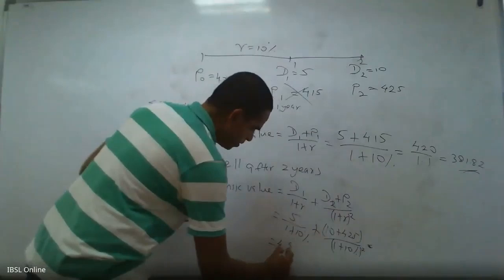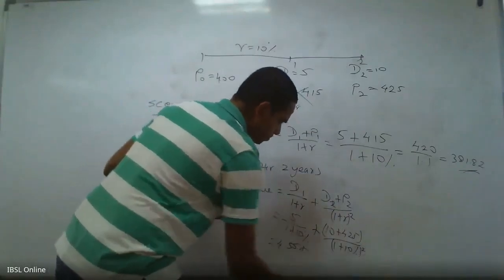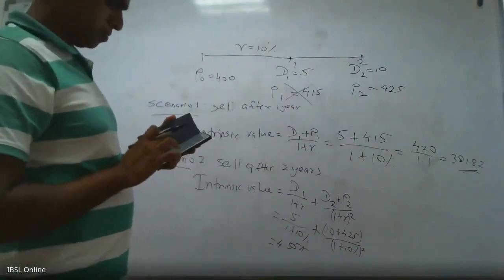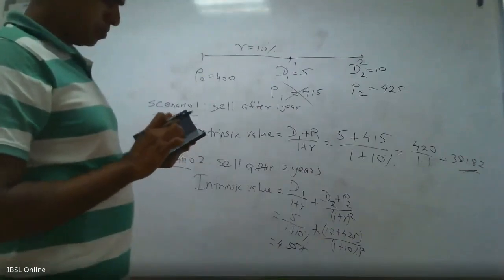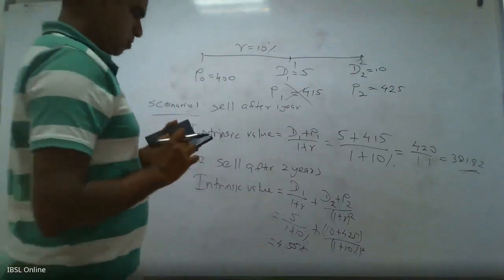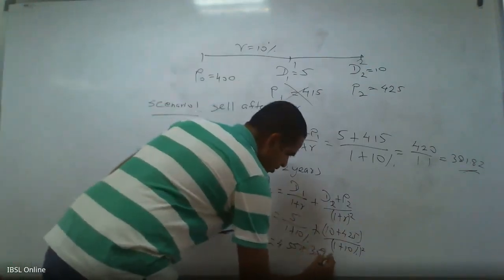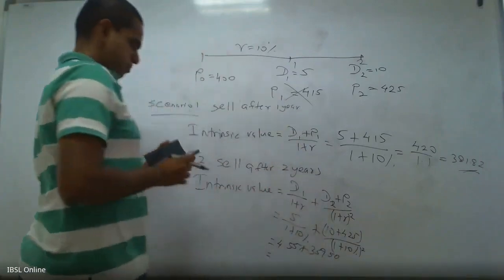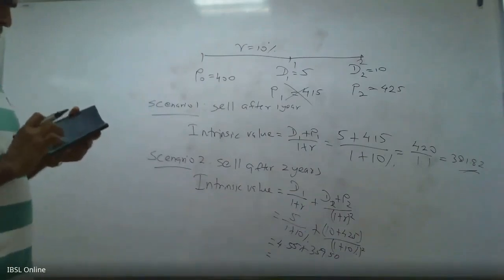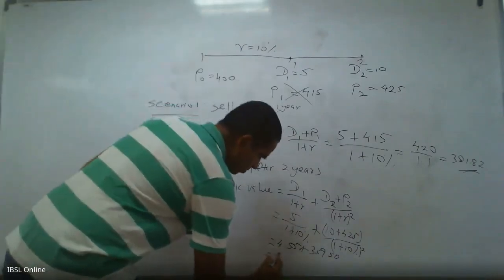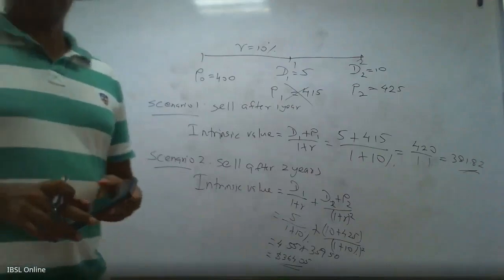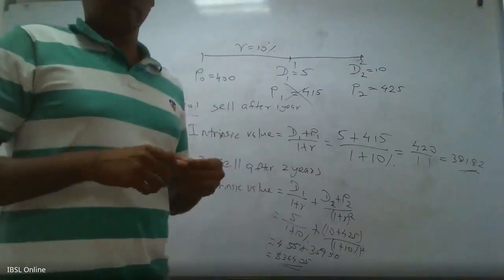This is 4.55 plus 359.5, giving 364.05. Am I right?